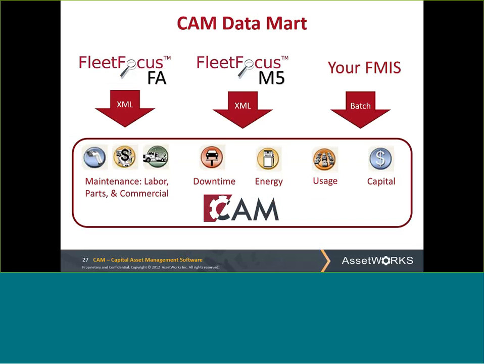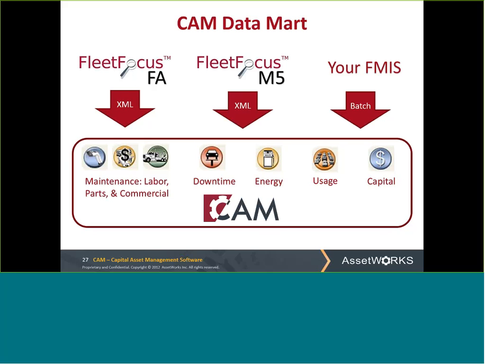We did this so that we can aggregate the data independently and also consistently, so that all the structures are the same inside of CAM, where an FA and an M5 work order don't quite look the same. They have basically the same information, but they're called things differently and put in different places. By consolidating everything into a single CAM schema, we can utilize that data better.